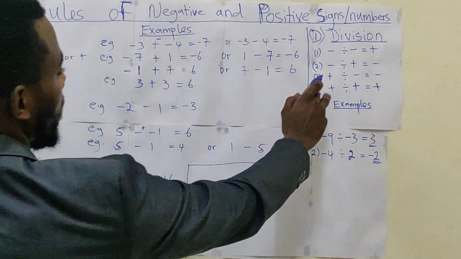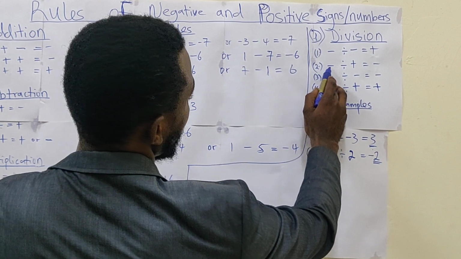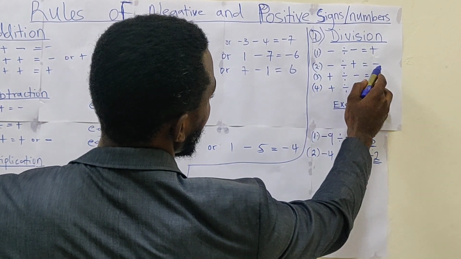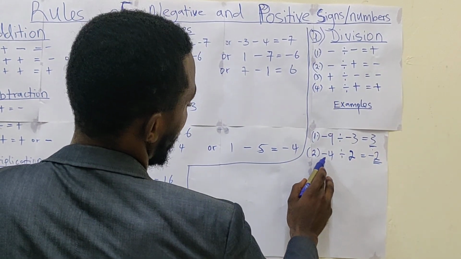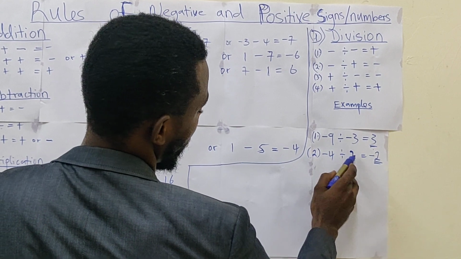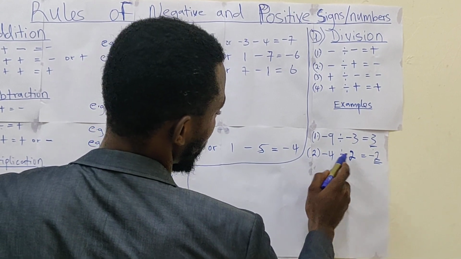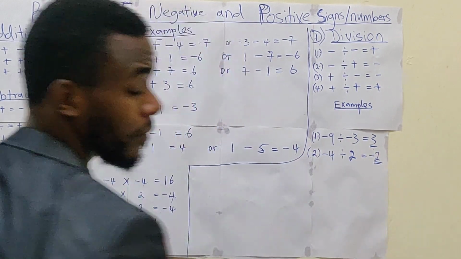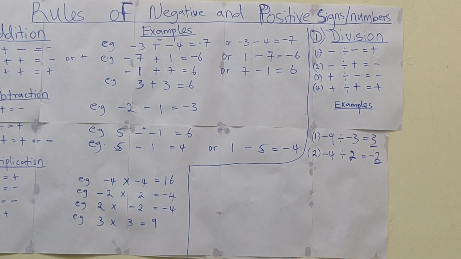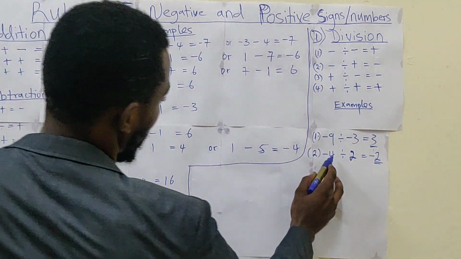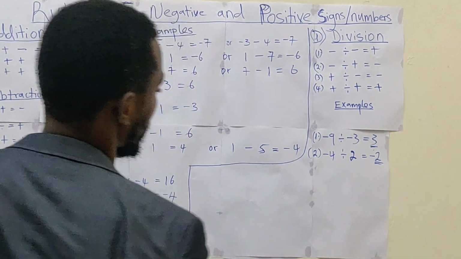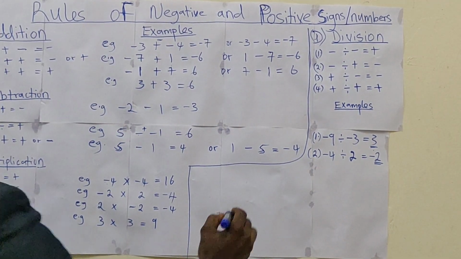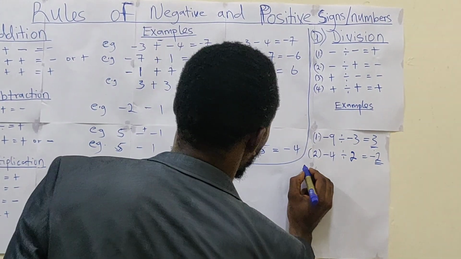That is why we have here negative divided by positive is negative. You just divide your number and you include a negative. Like that. Example 3.